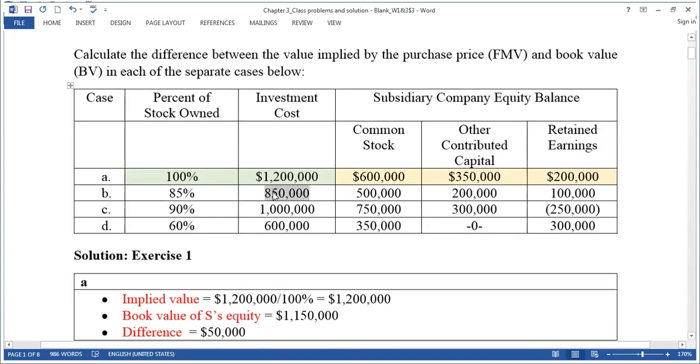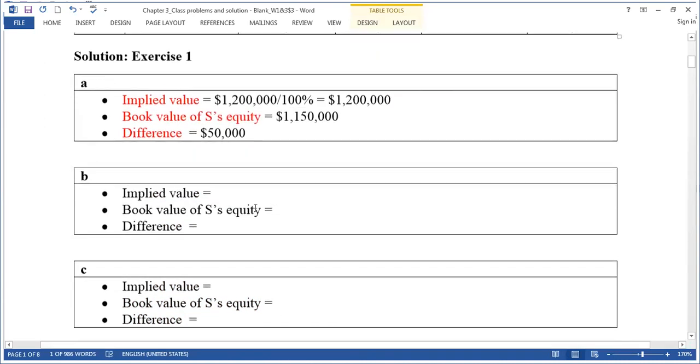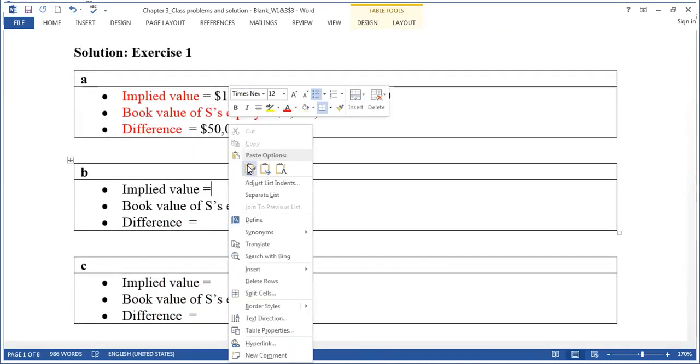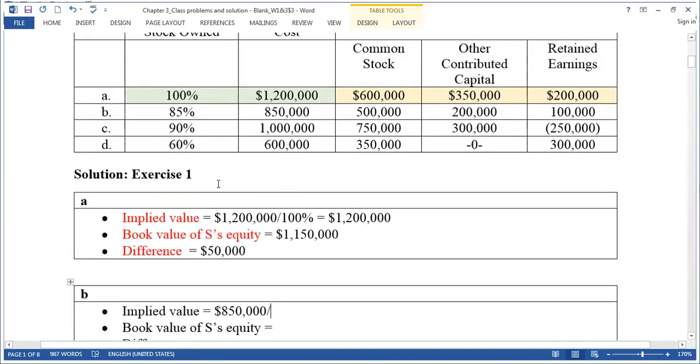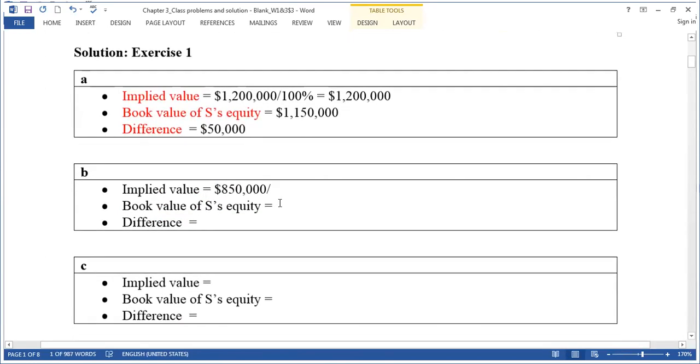Like here, this is the investment cost. Divided by, we have 85% investment. Now we can get the 100%. So 100% here is $1 million.